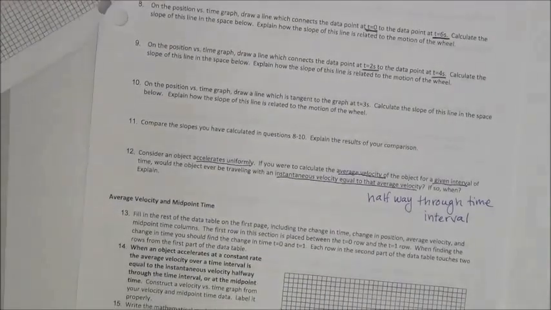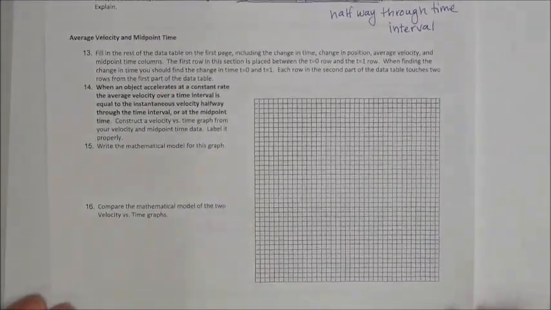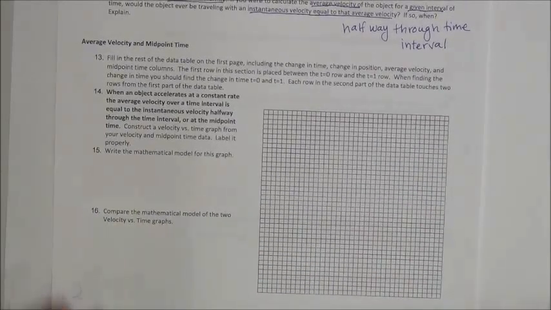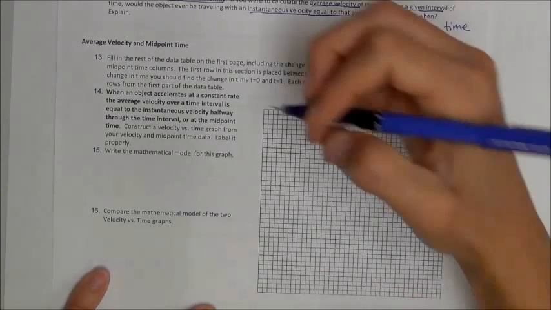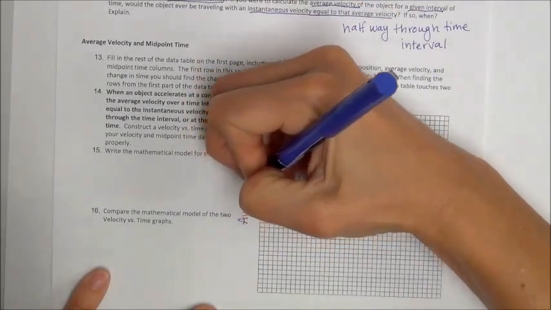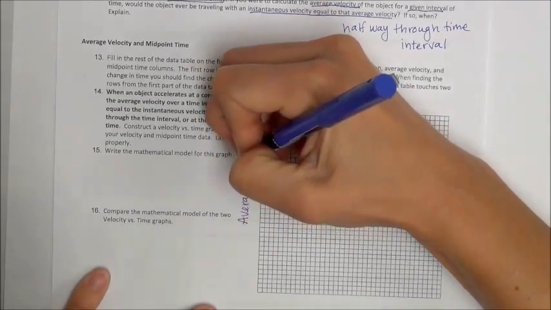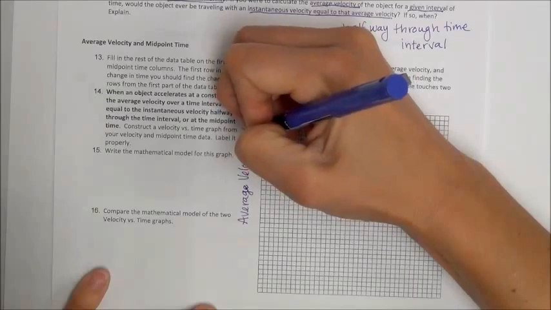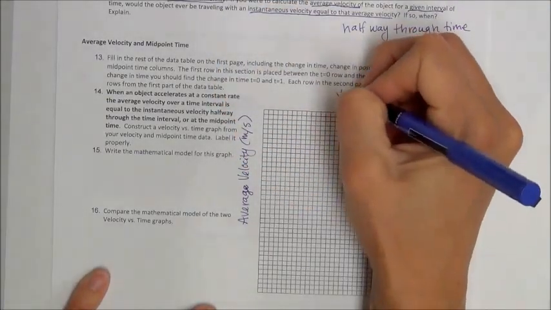The next step is to use your midpoint time and your average velocity to make a velocity versus time graph.